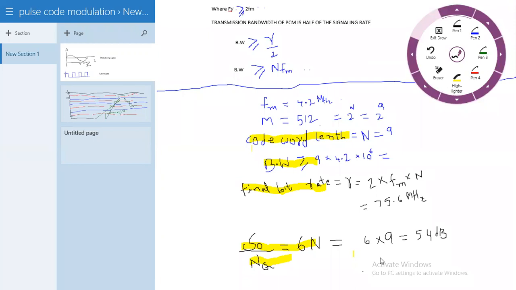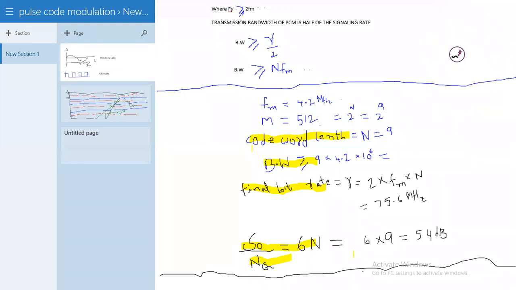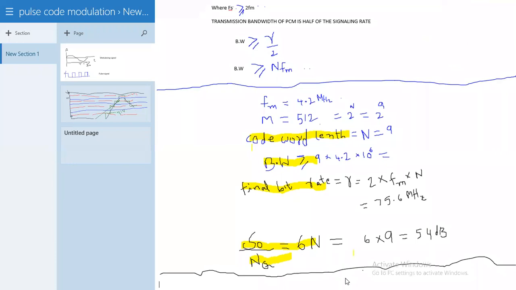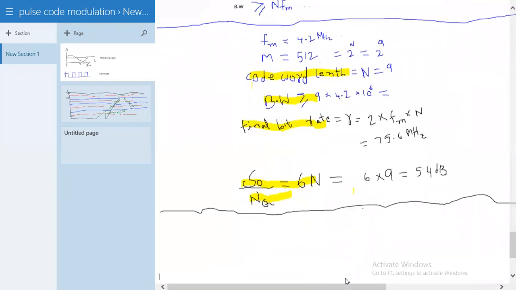Okay. Now here we can observe the advantages and disadvantages of PCM system. What are the advantages of this PCM system? So here we can transmit that digital signal instead of transmitting analog signal.